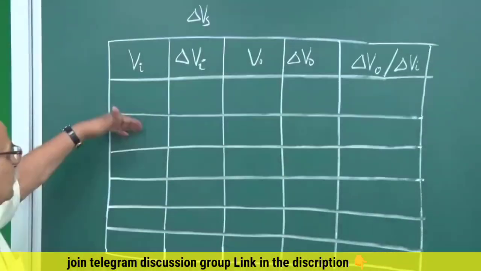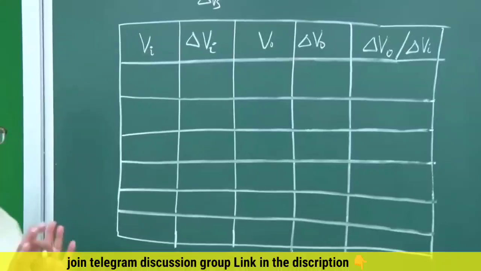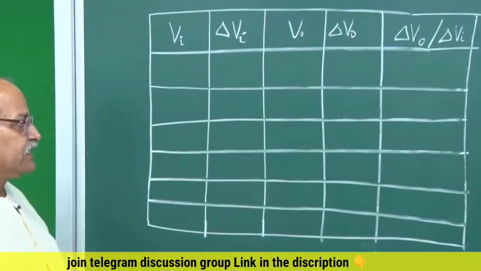So, let us take 1, 2, 3, 4, 5, 6 rows to get the idea of how it changes.